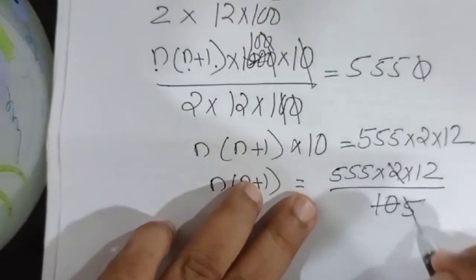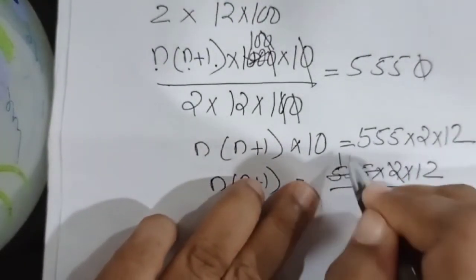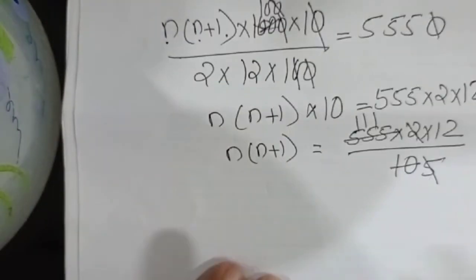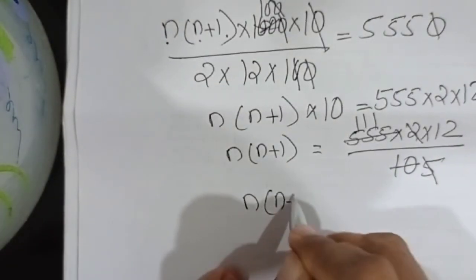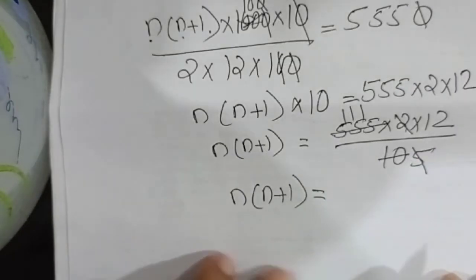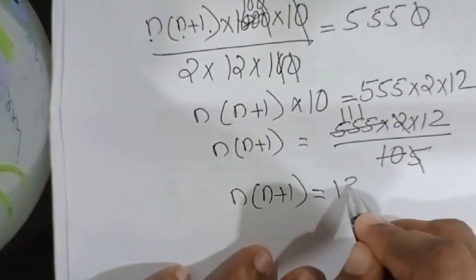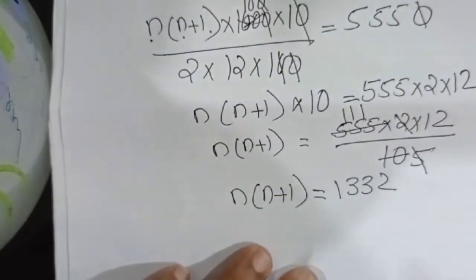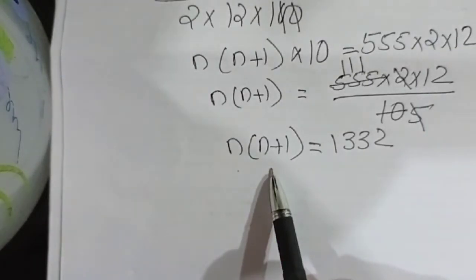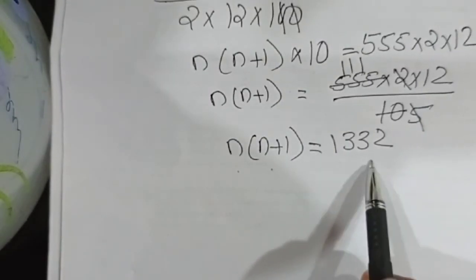Agree? 5 and 1, 555, 1, 1, 1. That is n into n plus 1 is equal to 1332.